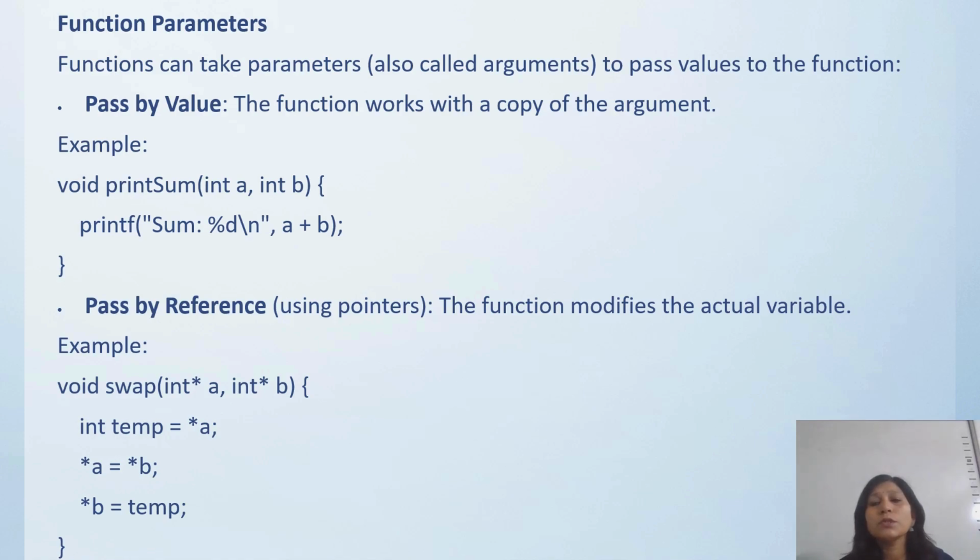It is used when we want to modify actual variables. For example, in the case of the swap function, a and b are treated as pointers, and the copies of a and b are not passed, but the addresses of the variables are passed, where we refer to the value at that particular address, and we do the swapping on those variables using the addresses. So the changes are reflected everywhere.